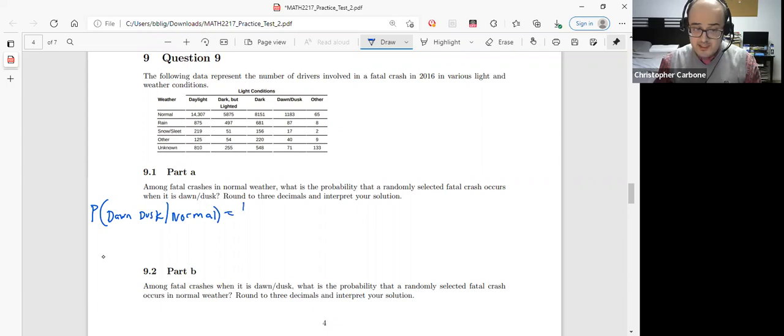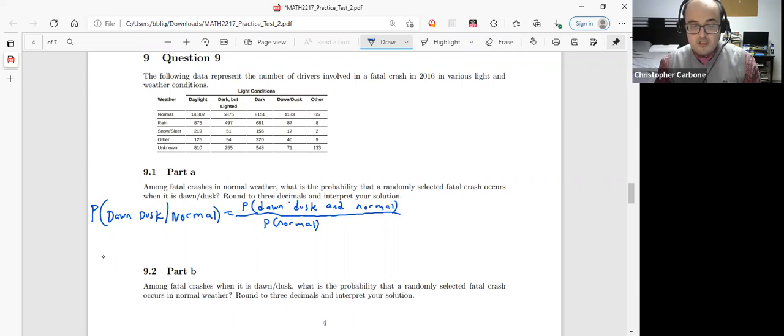And this is the same thing as the probability of dawn and dusk, or dusk and dawn. Let me be consistent on that, actually. Dawn, dusk, and normal weather divided by the probability of it being normal weather.